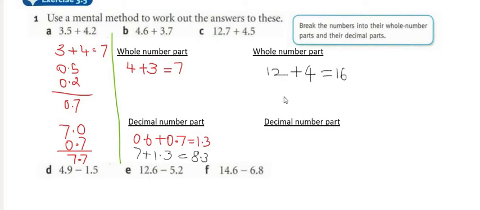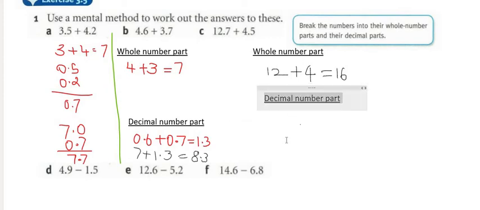And we take the decimal part here, that is 0.7 plus 0.5. When you add, you get 1.2.